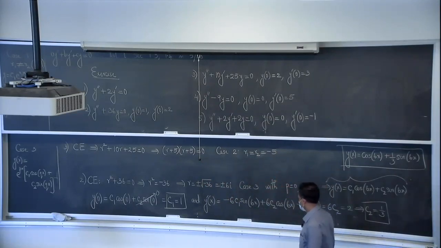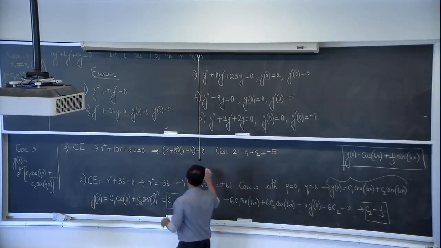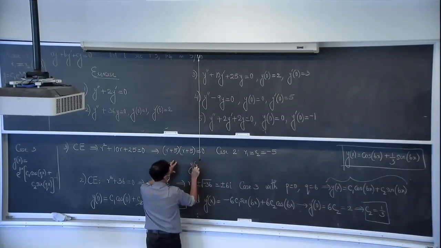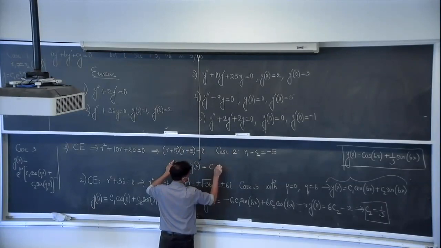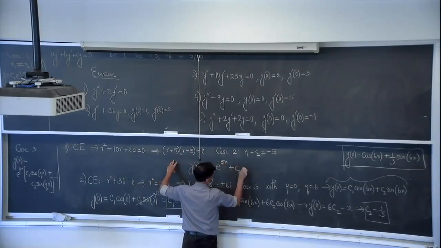And the general solution is y of x equal to C1 e to the power of -5x plus C2 x e to the power of -5x.